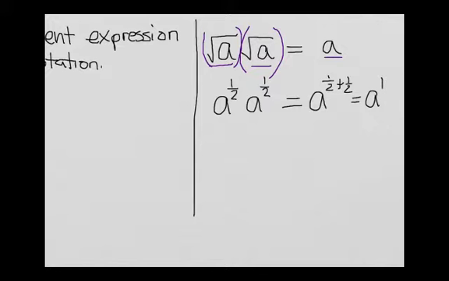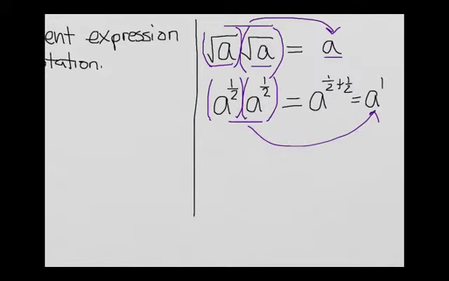So here I have a number that when multiplied by itself gives me a, in the same way that the square root of a when multiplied by itself gives me a. So that means that the square root of a is the same thing as a to the 1/2 power.